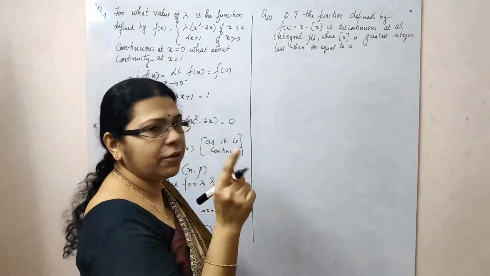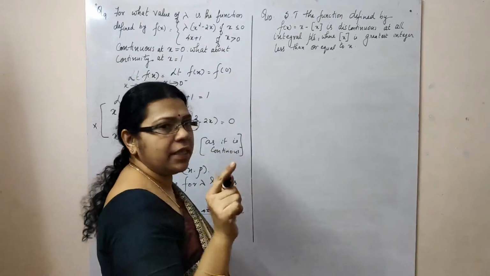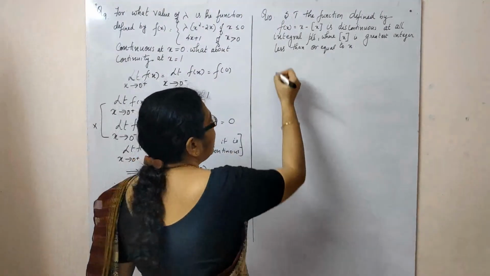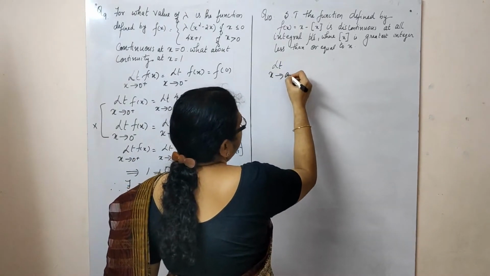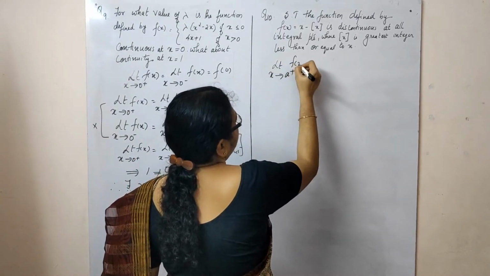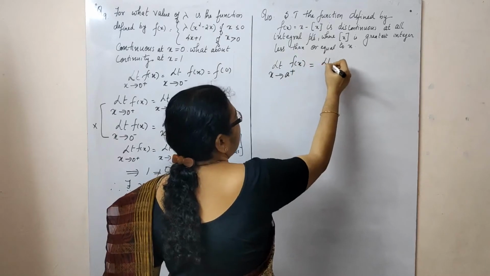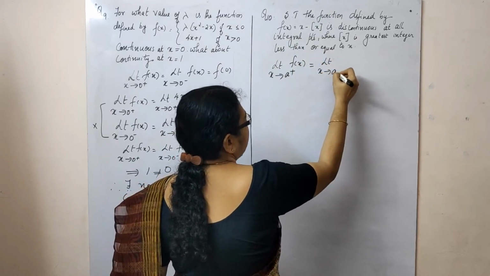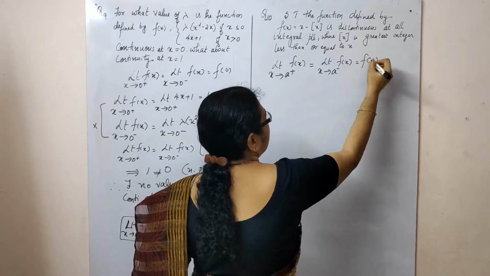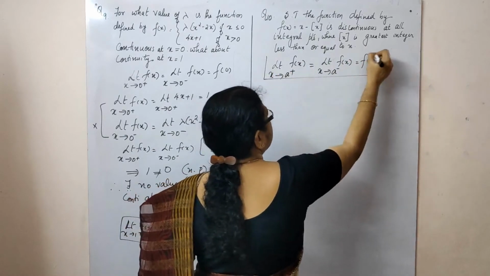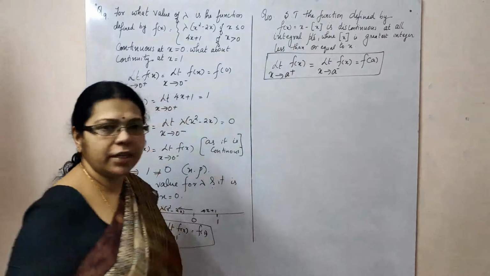We will check for continuity and we will see that it is discontinuous. So limit x tends to a plus f of x is equal to limit x tends to a minus f of x is equal to f of a. This is the condition for continuity which I am going to check now.